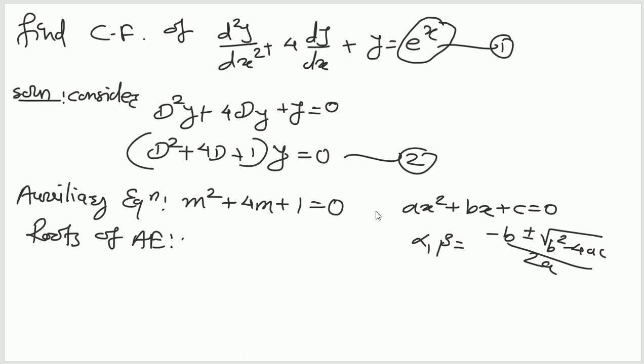So the roots will be, now b is 4, so minus 4 plus or minus under root 16 minus 4 upon 2, which is minus 4 plus or minus root 12, that is 2 root 3, upon 2.